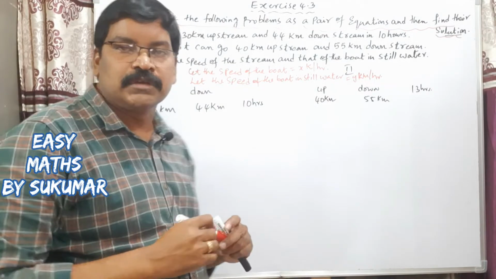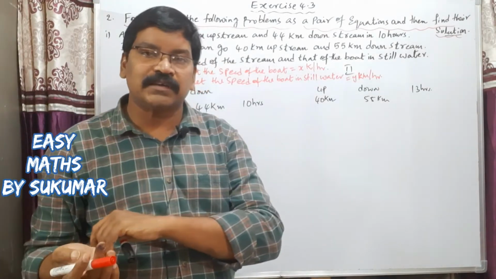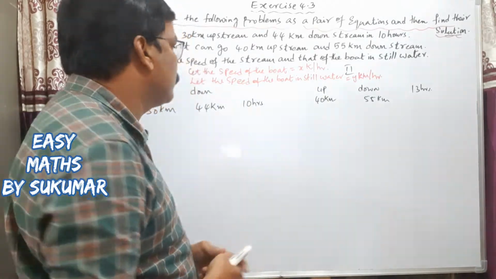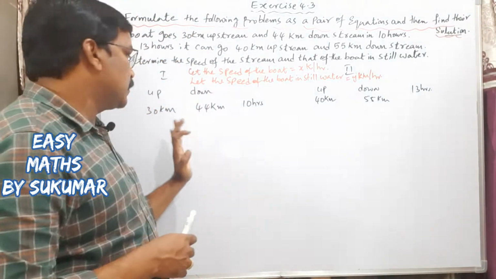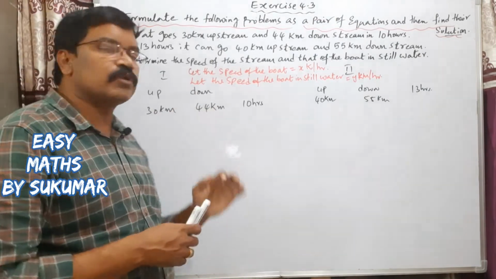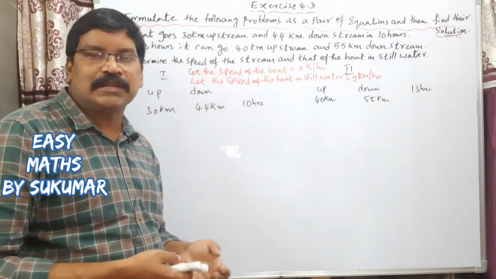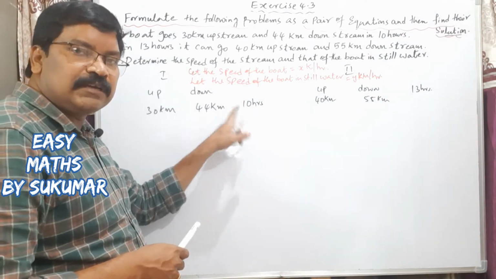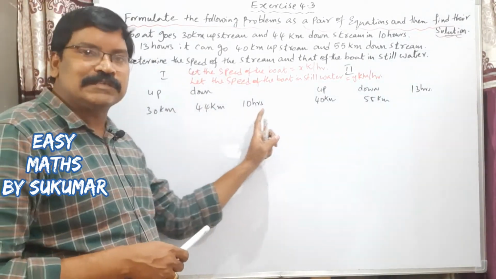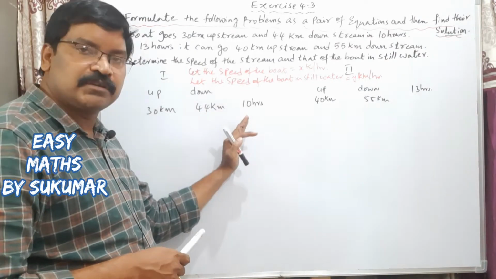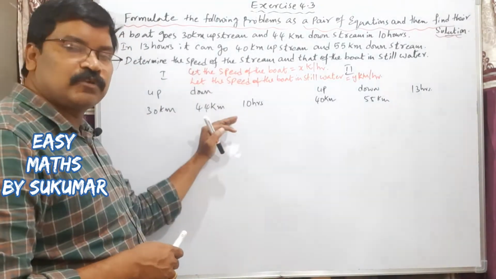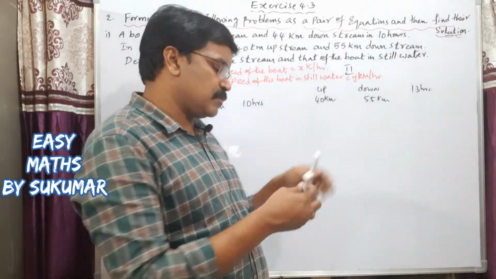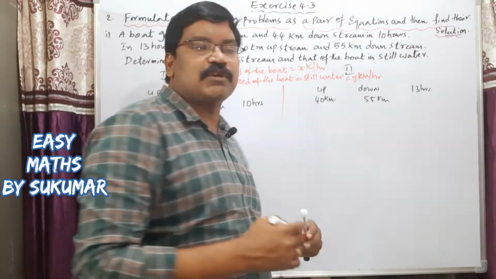As I told you, the speed of the boat should be more than the speed of the water, that means the stream. Here, 30 kilometers upstream and 44 kilometers downstream in 10 hours are given. Similarly, in the second case, 40 kilometers upstream and 55 kilometers downstream in 13 hours.